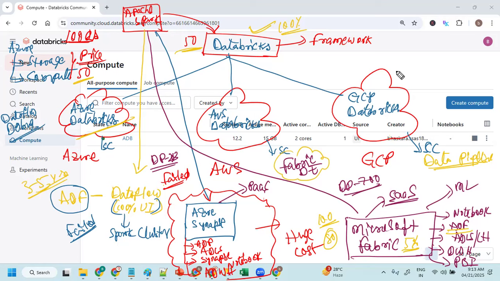And if the size exceeds the memory as per your license, then you have to increase it, or they move the data from import to direct query. That is also a problem. So they want to make you buy capacity.